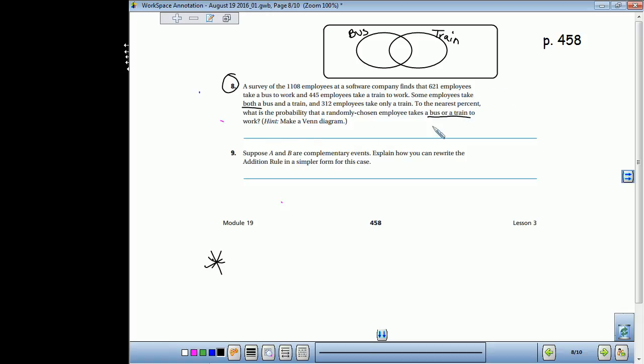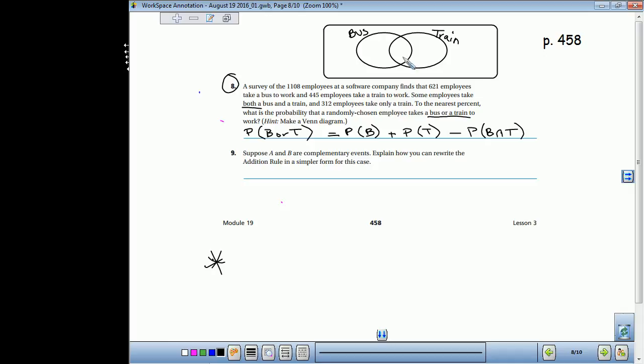Since it's not mutually exclusive, the probability of bus or train has to be the probability of the bus plus the probability of the train minus both, P and T, the intersection. My favorite place to start is in the overlap, but they didn't give it to us.